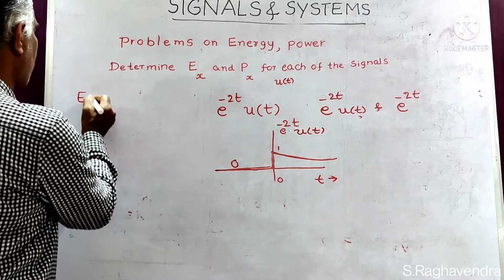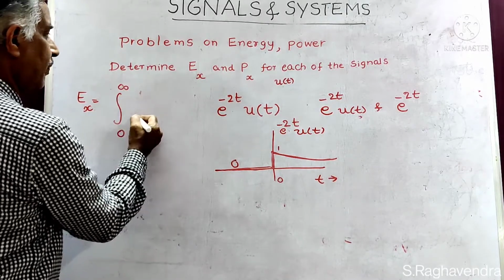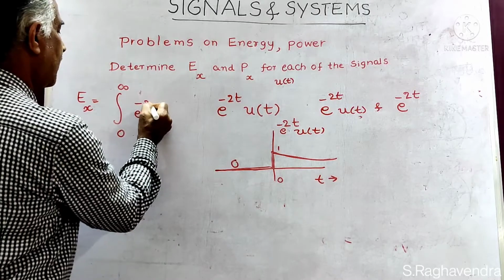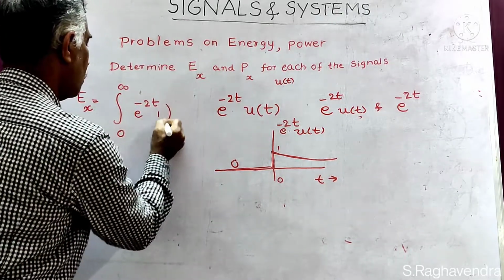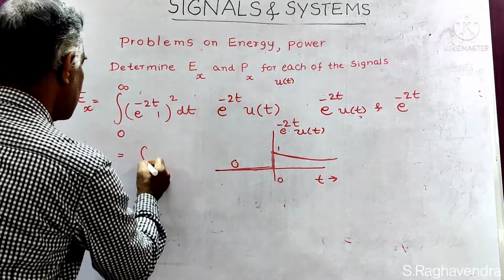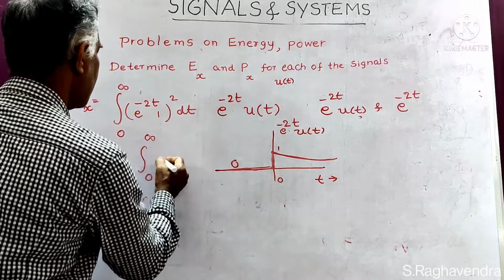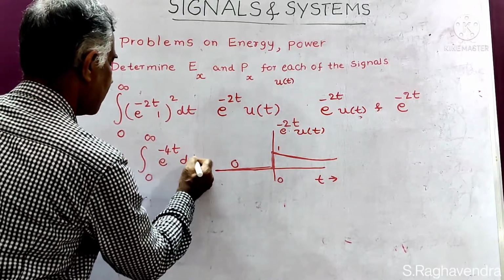Energy Ex equals integral 0 to infinity of (e power minus 2t, u(t) value is 1) whole square dt, which equals integral 0 to infinity of e power minus 4t dt.